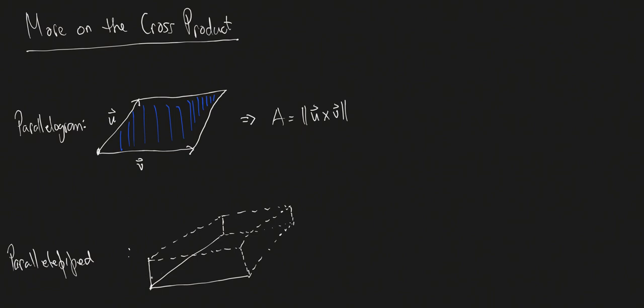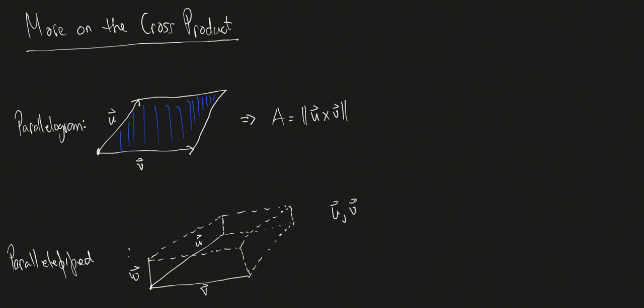So let's say I'll call this one u, this one v, and then this one that gives its height, let's call that one w. So this is kind of the setup.